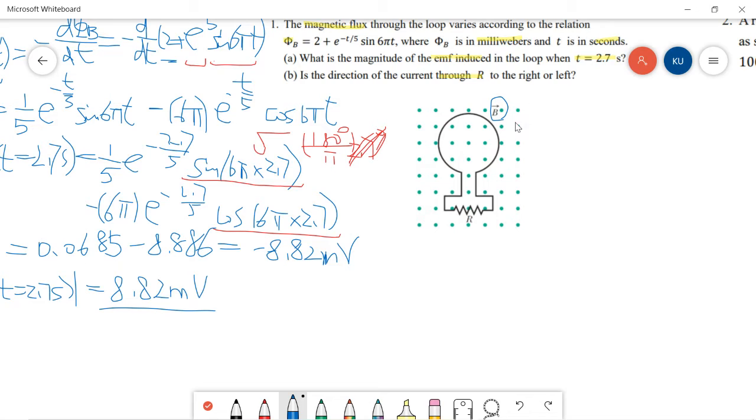So when B is positive, it is out of the page. When we apply the right hand rule, we use our thumb pointing out of the page, and our other 4 fingers curl counterclockwise. So counterclockwise is the positive direction.